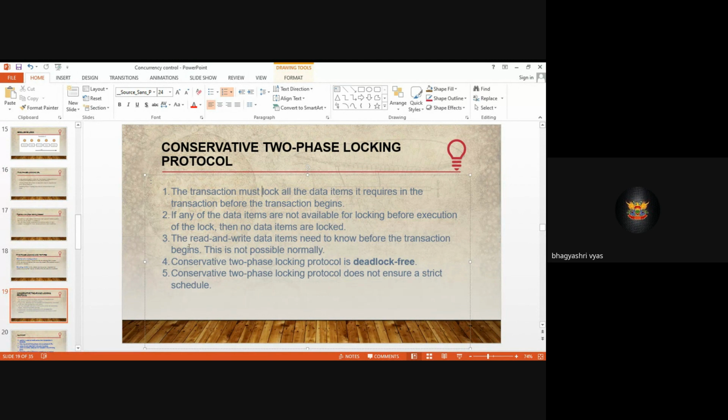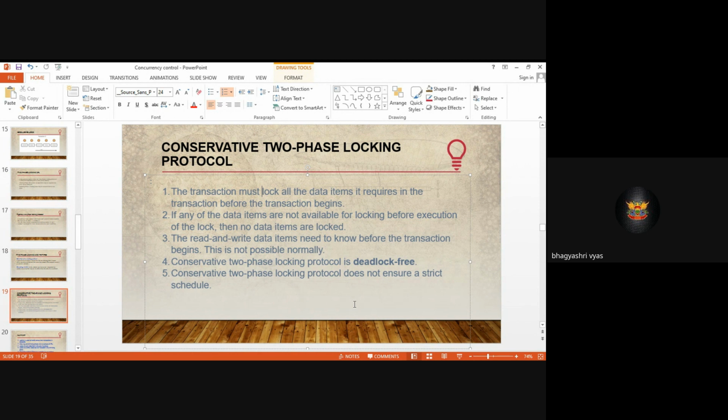Third, the read and write data items need to be known before the transaction begins. This is not possible, actually. And the conservative two-phase locking protocol is deadlock free. But conservative two-phase locking does not ensure a strict schedule.